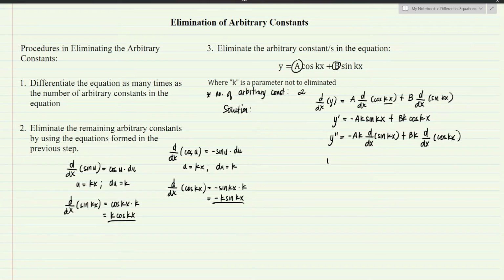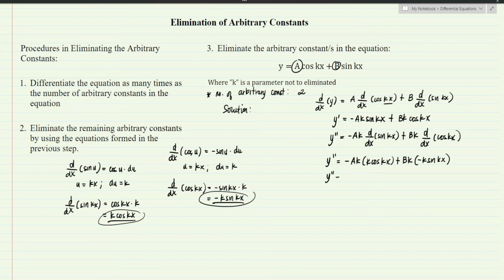We've already solved the derivative of sine kx and cosine kx. We will just plug it in this equation. So I will have negative ak times derivative of sine kx, that would be k cosine kx, plus bk times derivative of cosine kx, that would be negative k sine kx.